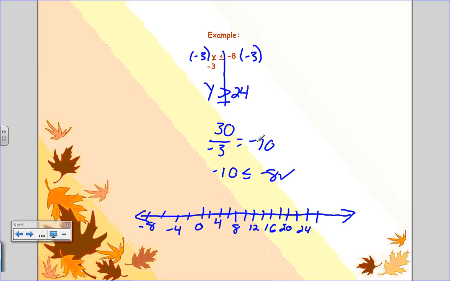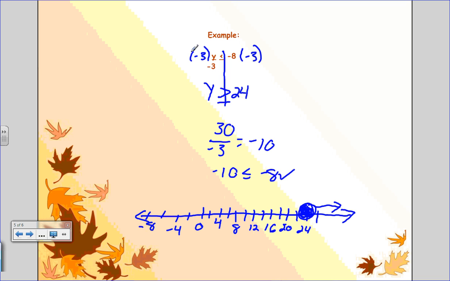Okay? I'll circle 24, it's greater than, points to the right, arrow to the right, has the equals to underneath, so I'm going to color it in. And there's my graph.